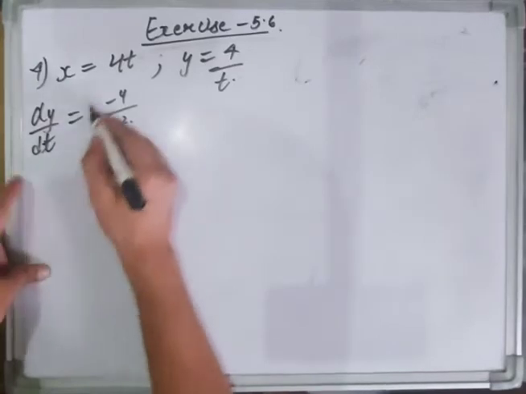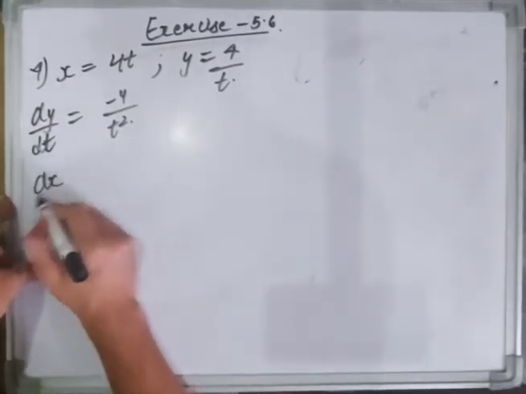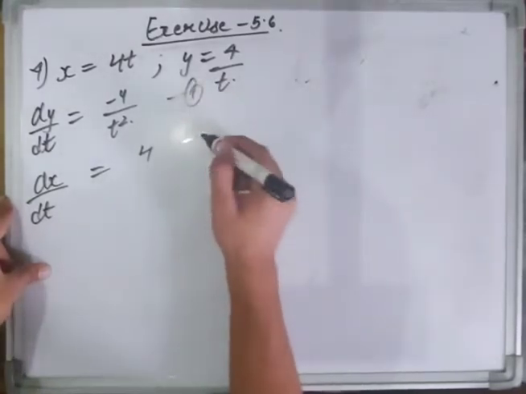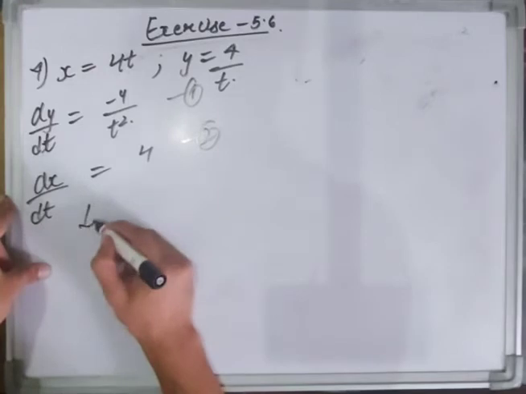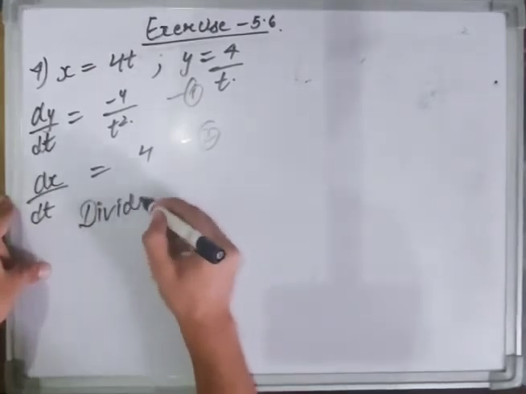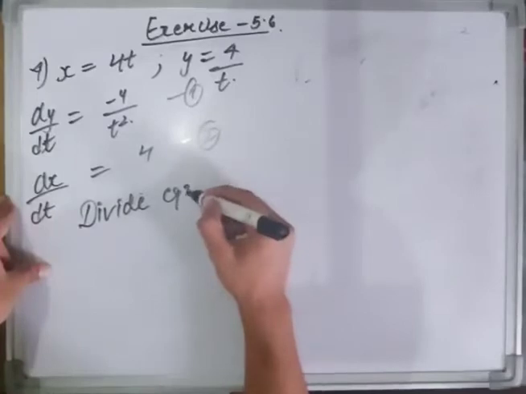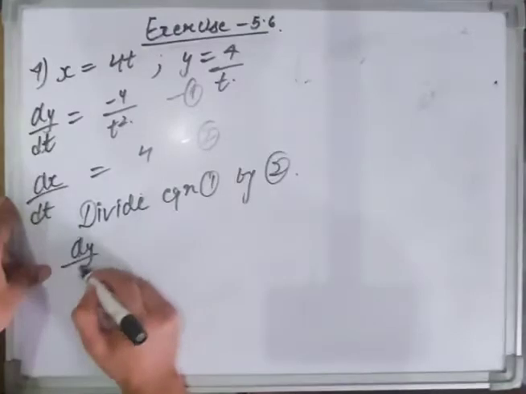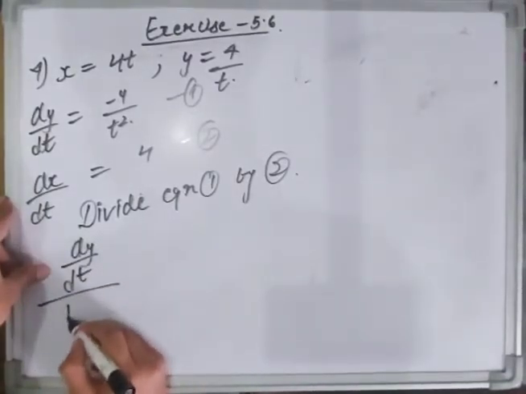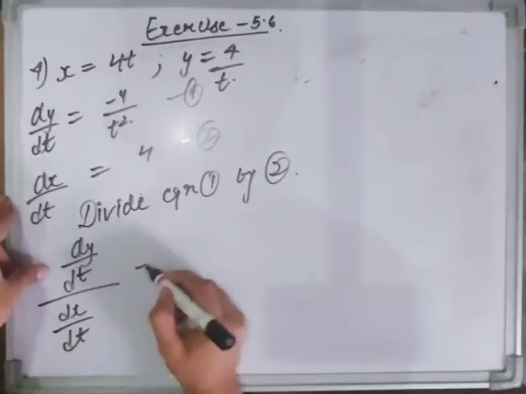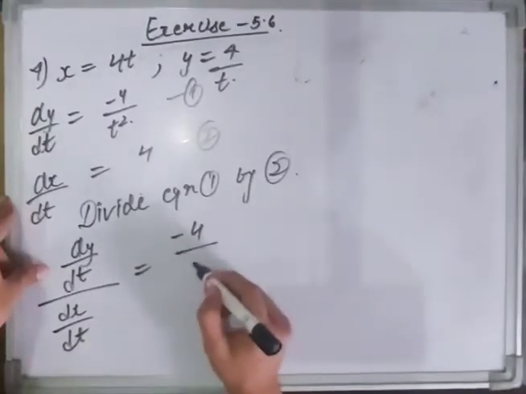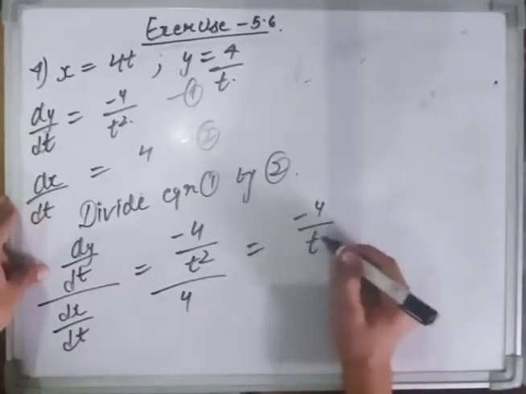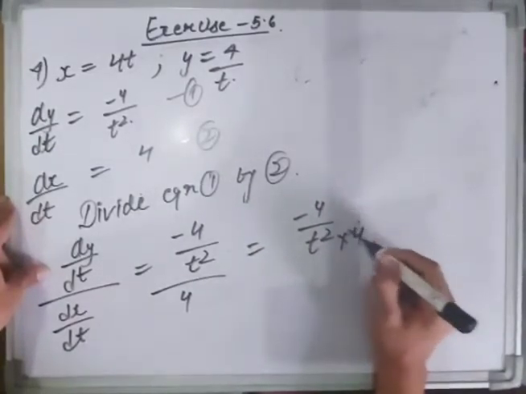Now comes the derivative of x, which is dx upon dt, equal to 4. Dividing the first equation by the second equation, dy upon dt upon dx upon dt, we have minus 4 upon t square upon 4, which is minus 4 upon t square into 1 by 4.